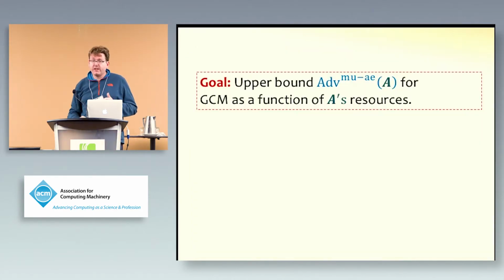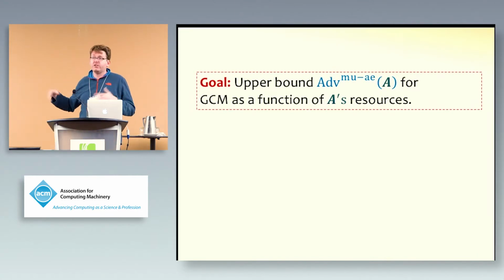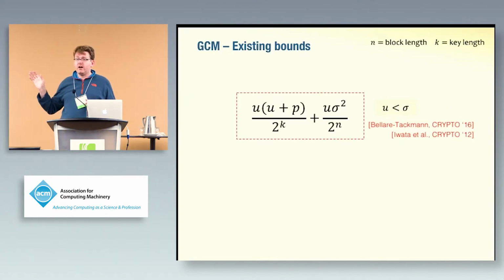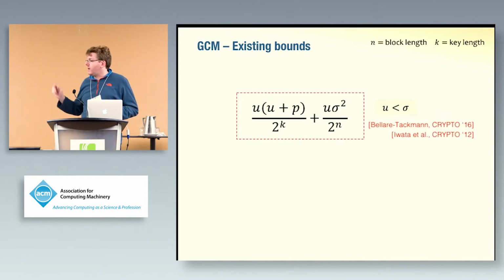So the game we are playing here is that of concrete security. We have an adversary and we want to upper bound its advantage as a function of its resources. For example, Bellare and Tackmann extended previous bounds for single-user security by Iwata et al. to plain GCM.